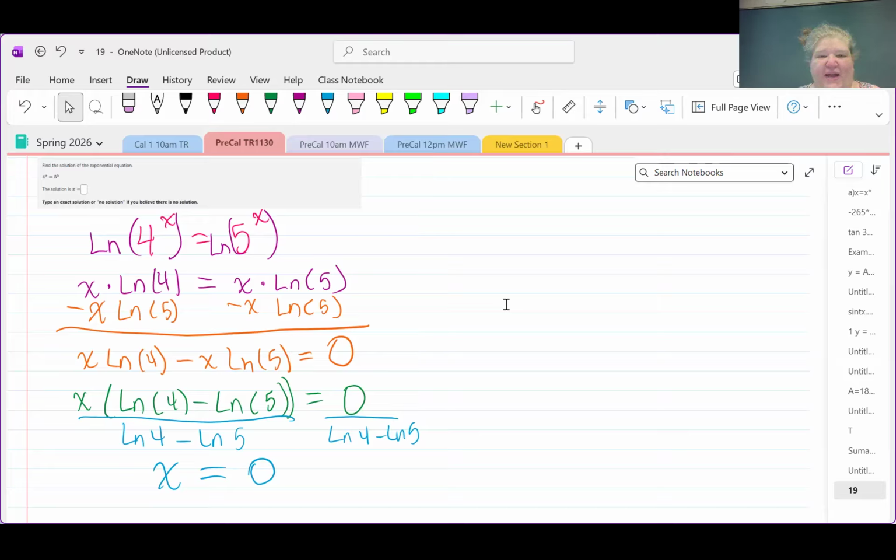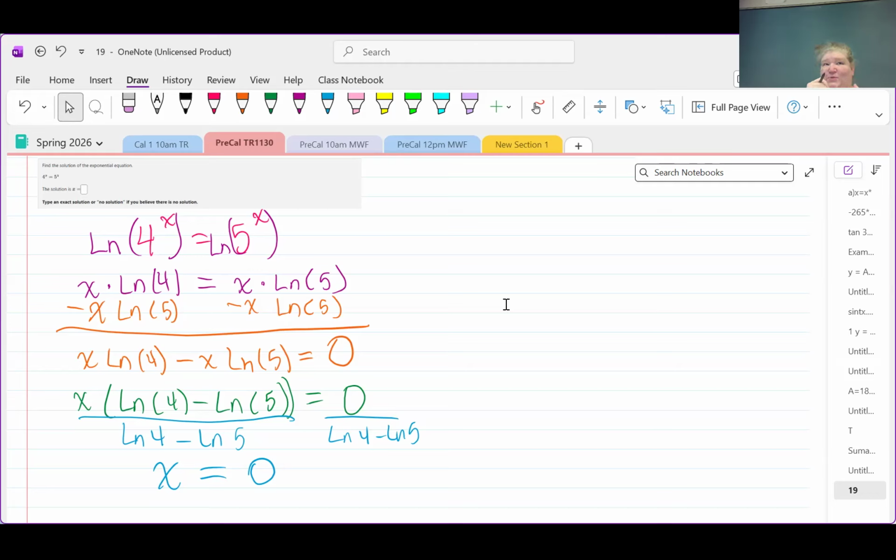So I did a whole lot of fancy math work to end up with a snarky answer. But if we look back at the original question, 4 to the x equals 5 to the x. If we think about those graphs, the 4 powers are all different from the 5 powers.